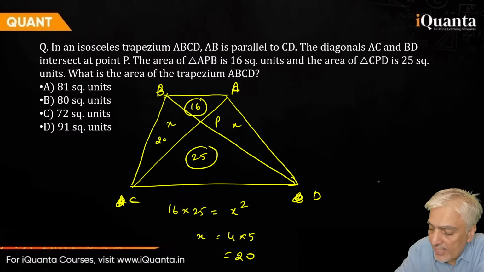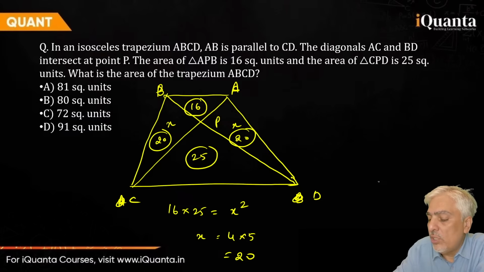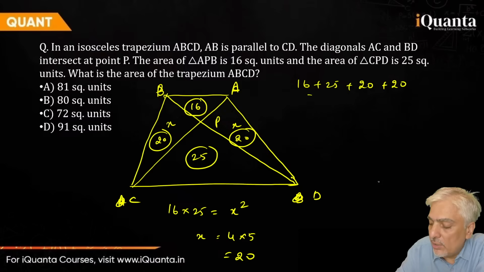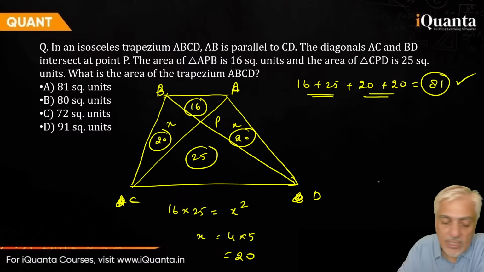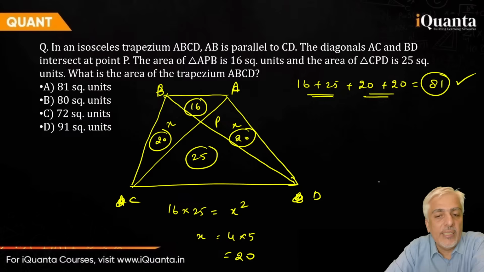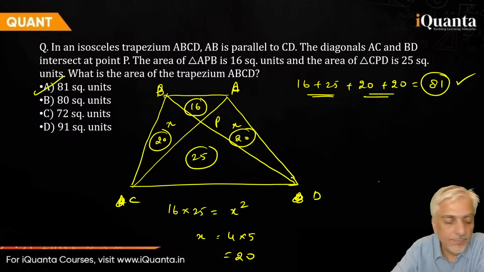So both these areas are 20, 20. So area of the whole trapezium is 16 plus 25 plus 20 plus 20. This is 41, 41 plus 40, 81. Straightforward question if you know the property. Answer is option A.